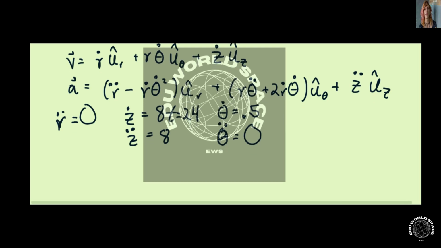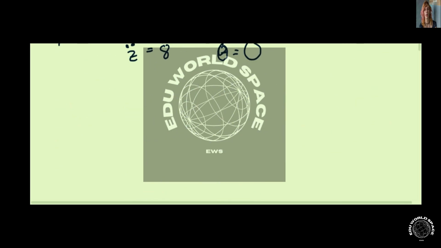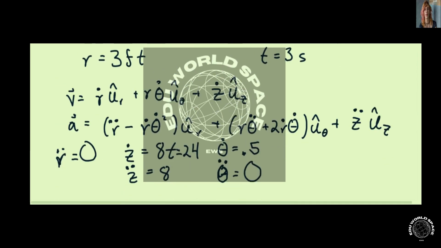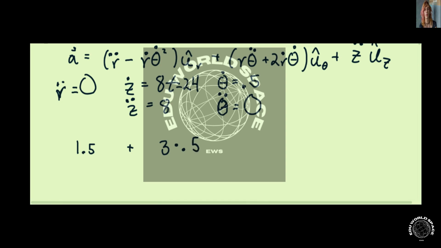And now that we have everything, we can begin plugging things in. So r dot is 1.5. Theta dot times r is 3 times 0.5, and z dot is 24. And if we want to find the magnitude of the velocity, it's going to be all of these individual ones squared, and then the square root of that.